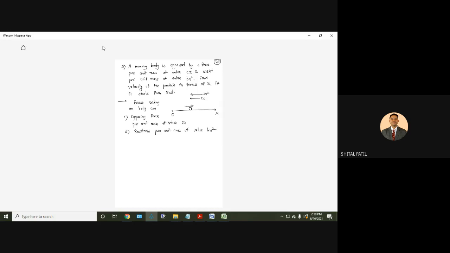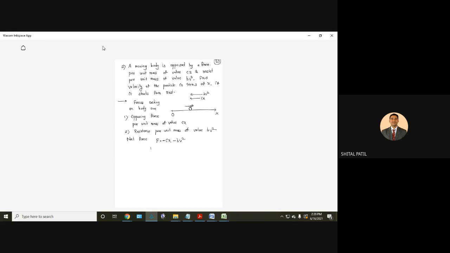And therefore net force F equal to minus Cx minus bv square. Right? Both of them are negative. Both of them are opposing force. Resistance is always opposing.